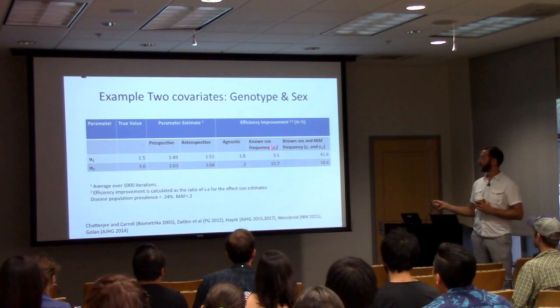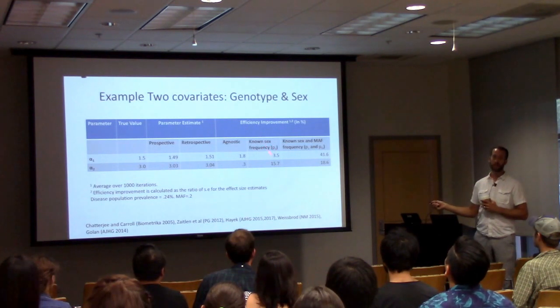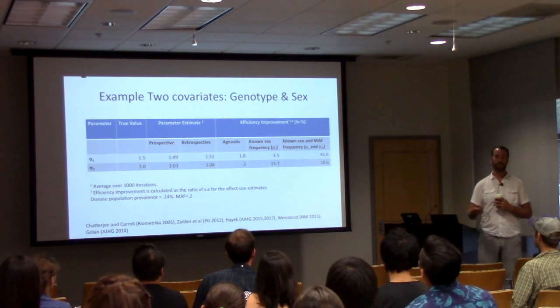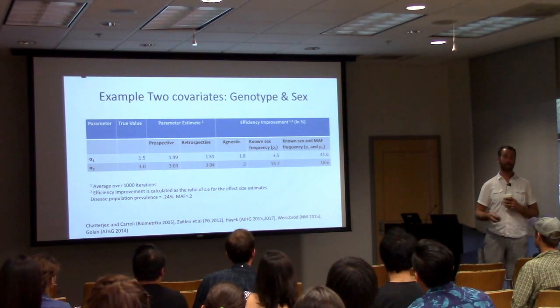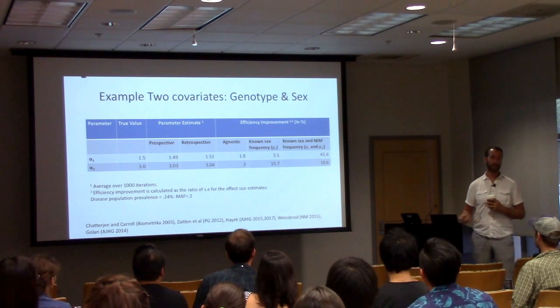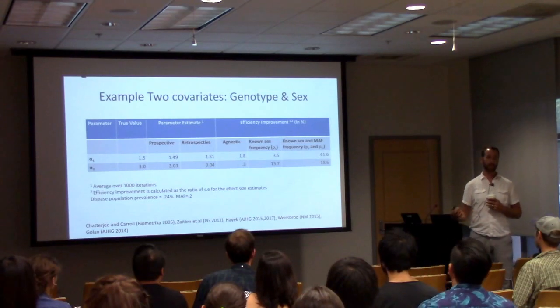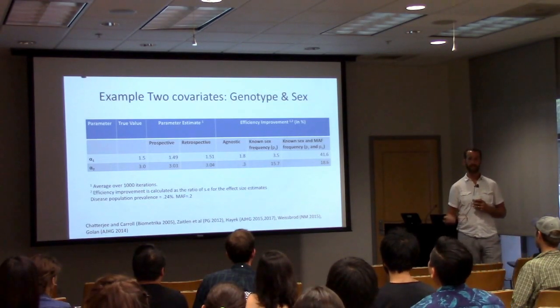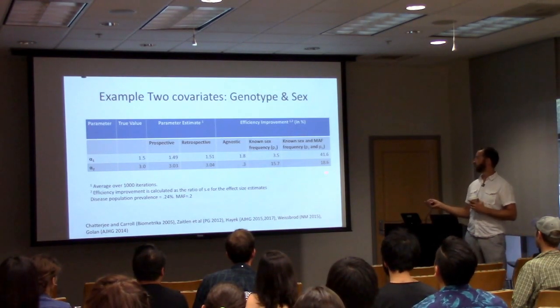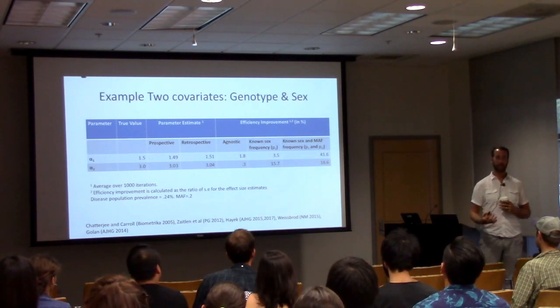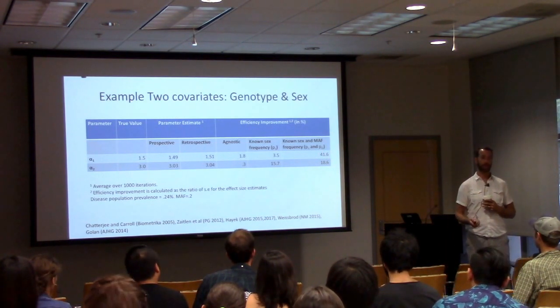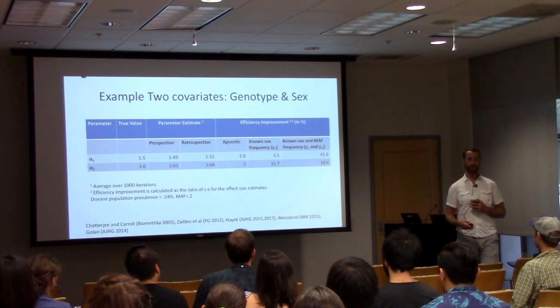And so if I take the known frequency of sex and I plug it in, instead of just taking the estimate that's coming out from my population sample, I get a much bigger gain in efficiency using the retrospective compared to the prospective. And if I know both PS and PG, you have a really massive gain in power that's available using the retrospective versus prospective.